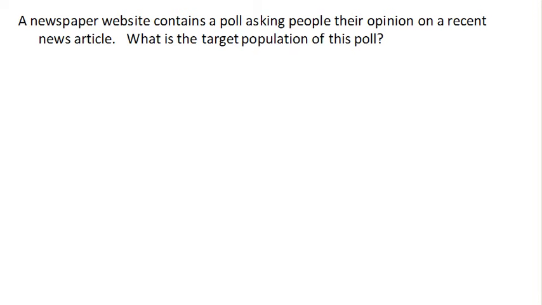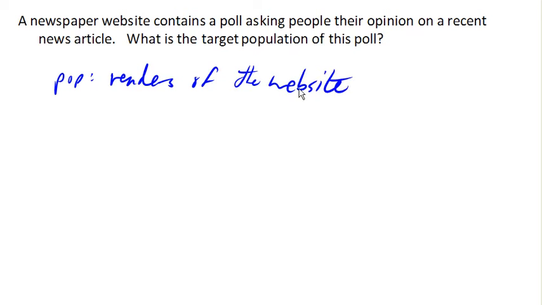Chances are that the population is readers of the website, right? Because who else is going to be answering those questions? And so in this case, the target population is really readers of the website. Any attempt to suggest that those results reflect beyond the website is really tenuous.